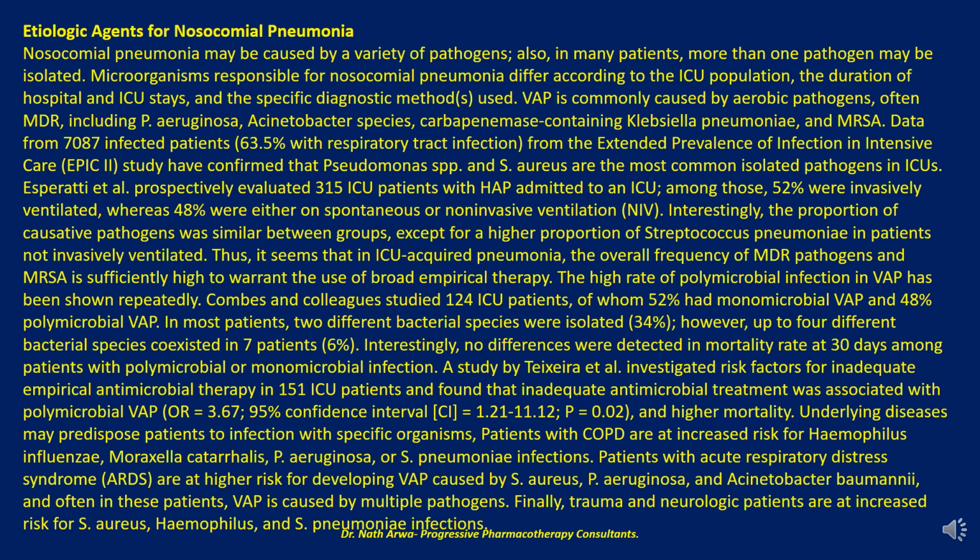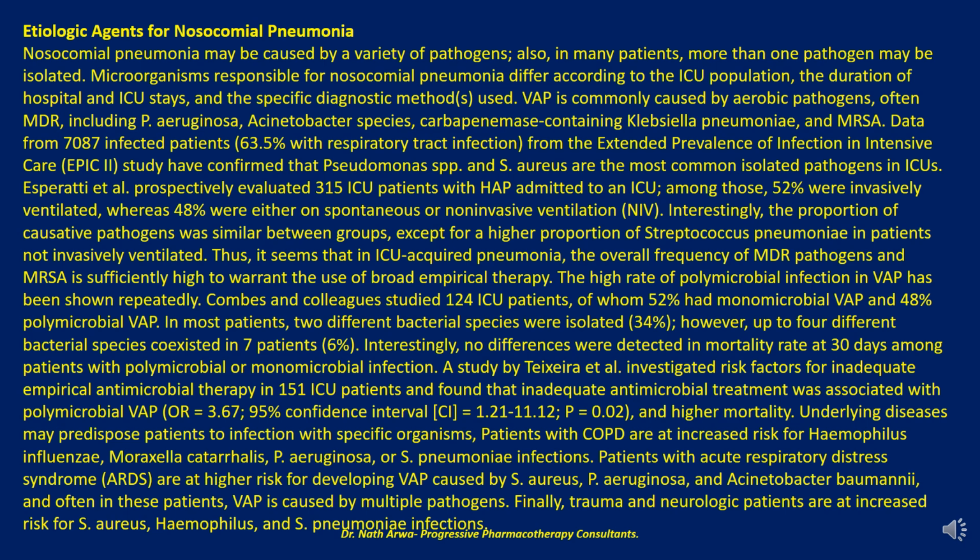Data from 7,087 infected patients, that is 63.5% with respiratory tract infection, from the Extended Prevalence of Infection in Intensive Care, abbreviated as EPIC-2, study have confirmed that Pseudomonas species and Staphylococcus aureus are the most common isolated pathogens in ICUs.